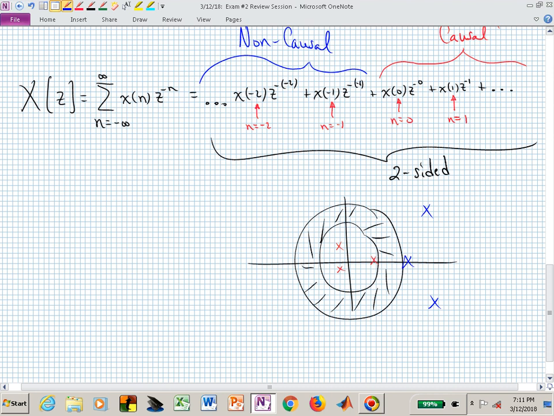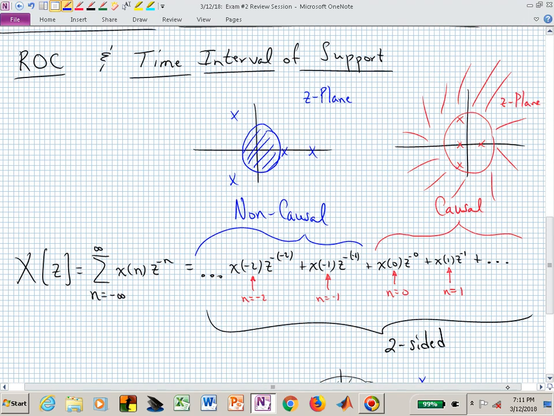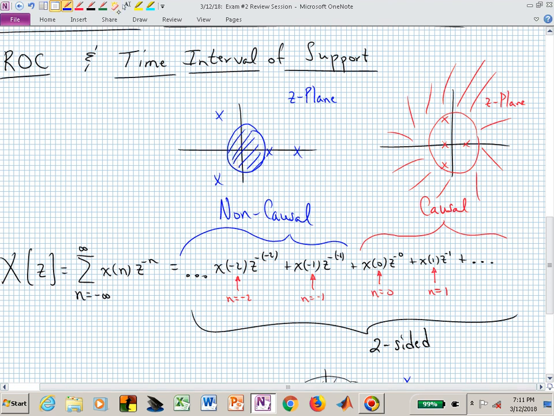And if I had a finite sequence, not these infinite sequences, then I might actually have the entire complex plane except maybe for some extremes, the origin or infinity. What happens if I exclude infinity here?